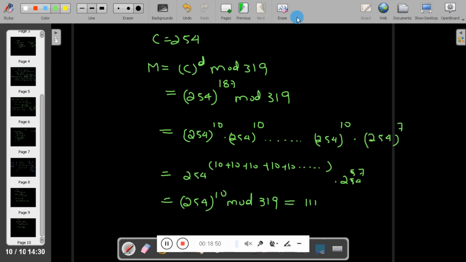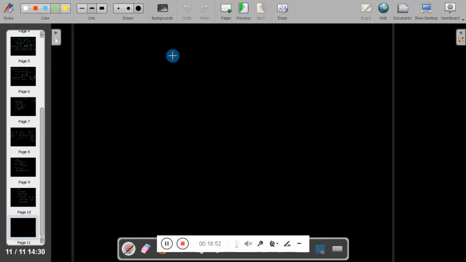So I can write this as 111 raised to the power 18 into 254 raised to power 7 mod 319.